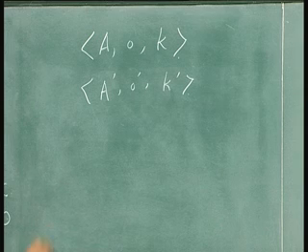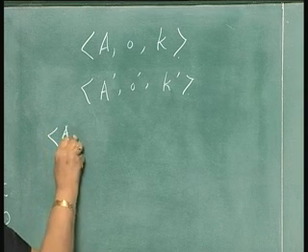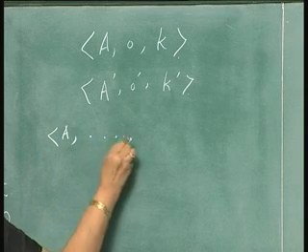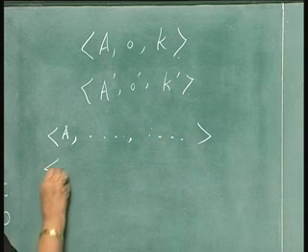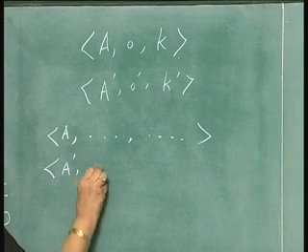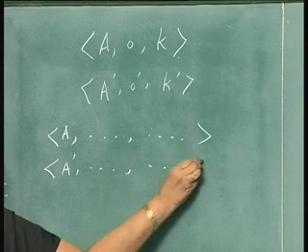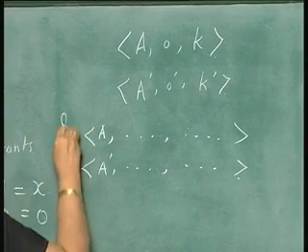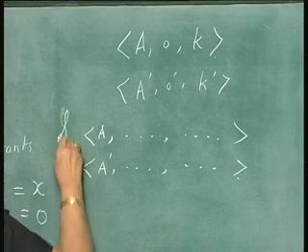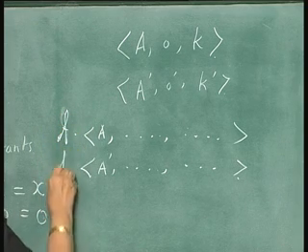So, in order to be very clear, let me write it like this: A, an algebra, then some operations, then some constants. Another algebra is A dash, some operations on that. This algebra I can call as A and A dash.